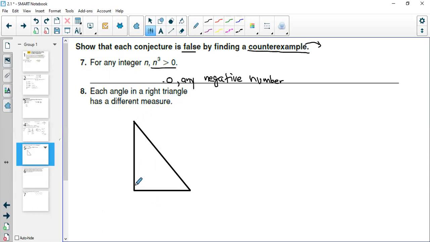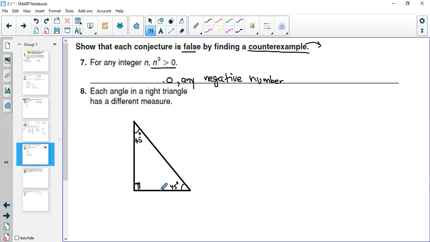Because if this is 90, this could be 45, and this also can be 45 degrees, because together the angles in a triangle make up 180. So if one of the angles in the right triangle is 90, the remaining two can be 45, 45. So it's not necessary that it needs to have a different measure. So this is the counterexample we have.